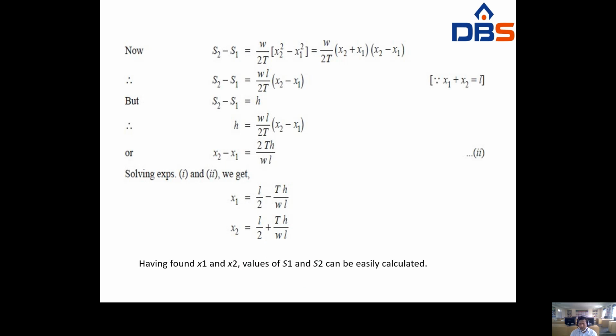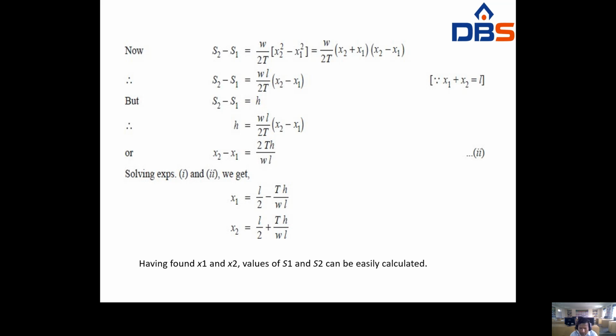Now we know S1 and S2, therefore the difference S2 minus S1 is omega by 2t times x2 square minus x1 square. Then A square minus B square is A minus B into A plus B, right? So omega by 2t times x2 plus x1 into x2 minus x1. We know x1 plus x2 is L, so omega L by 2t into x2 minus x1.